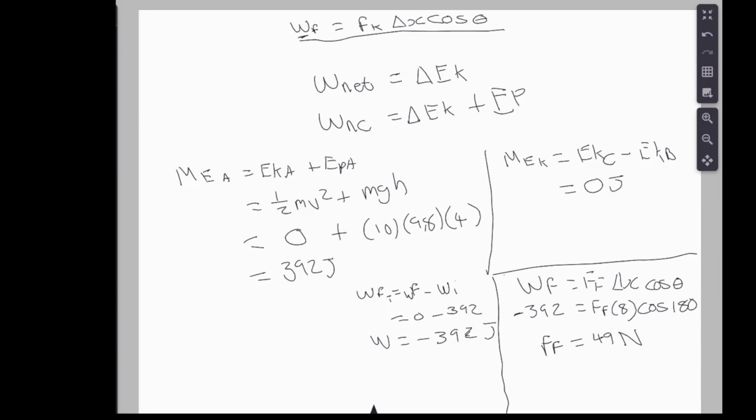So that is the magnitude of the frictional force between point B and point C.